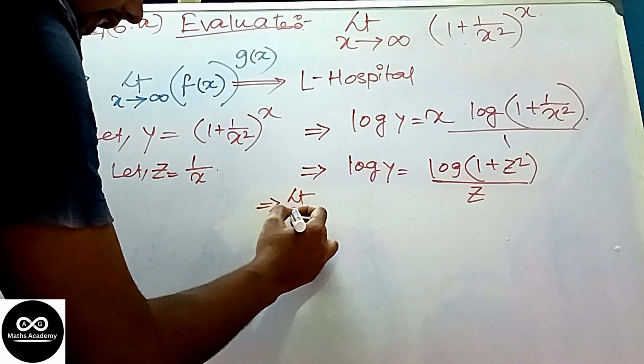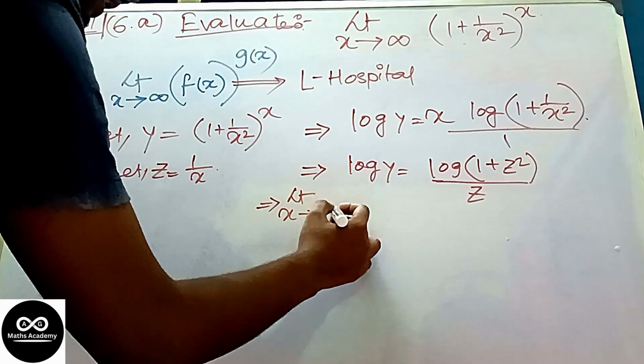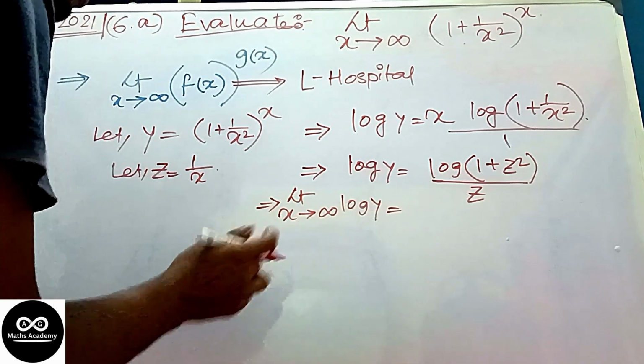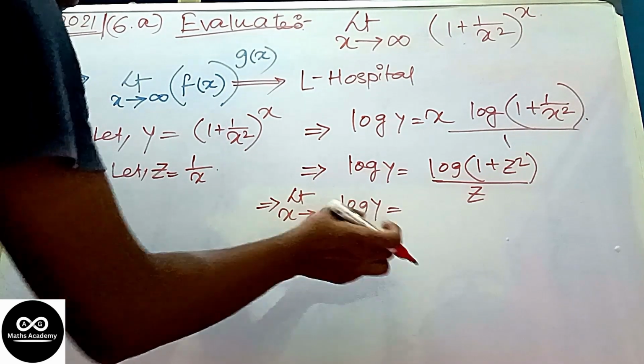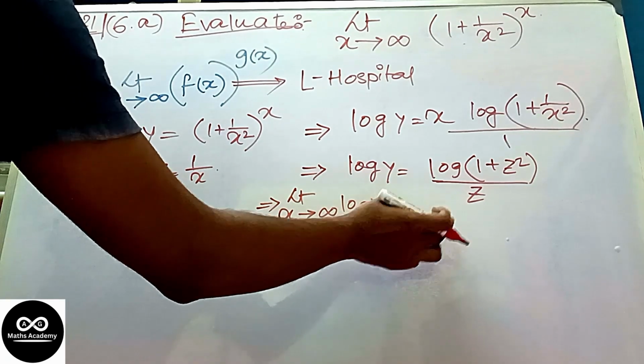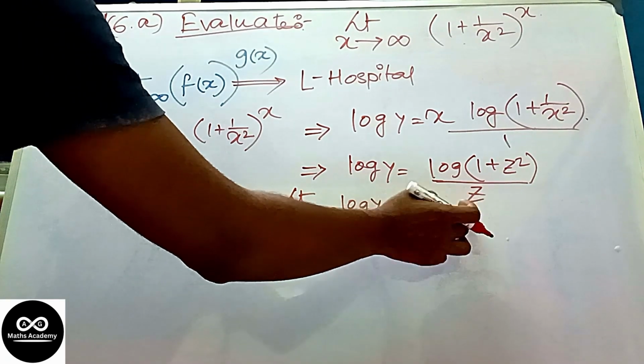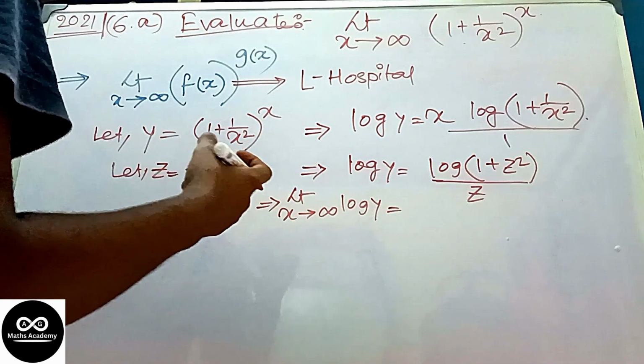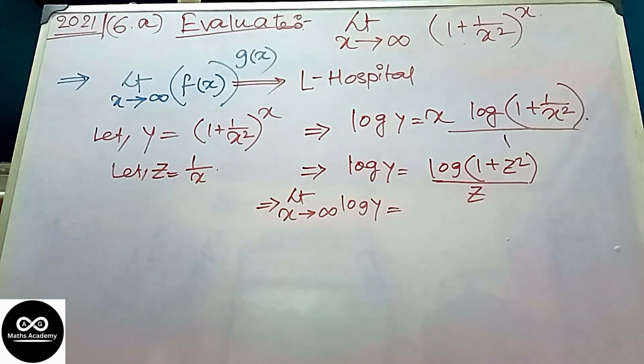Limit x tends to infinity log of y. We actually can't take limit x tends to 0 here, as both the numerator and denominator are functions of z.